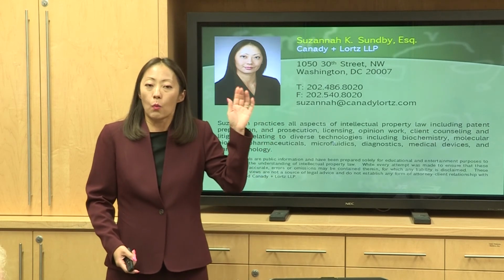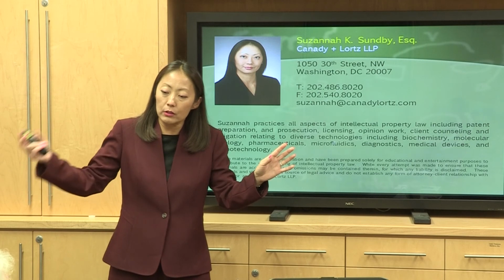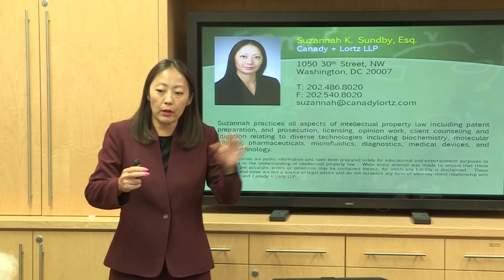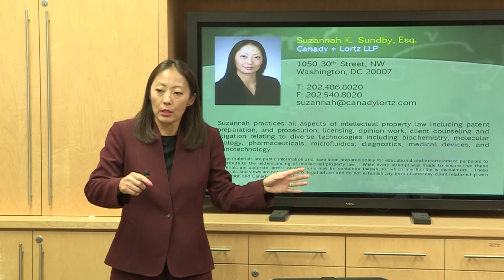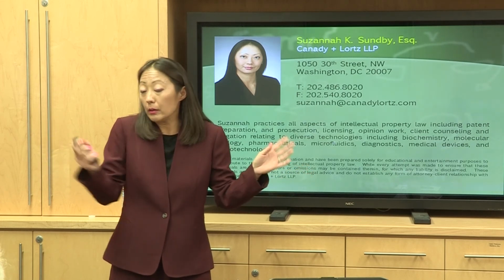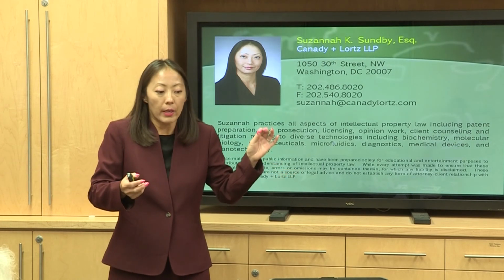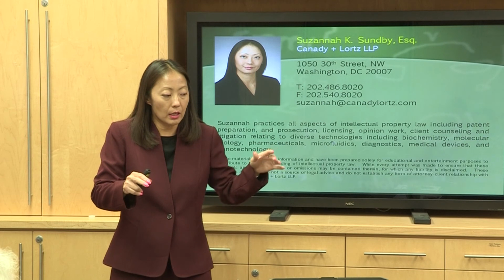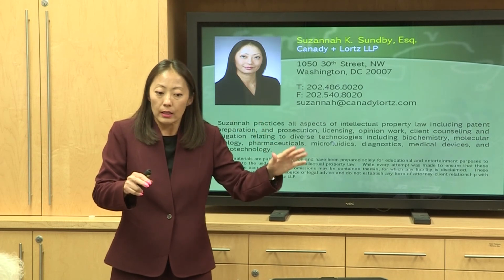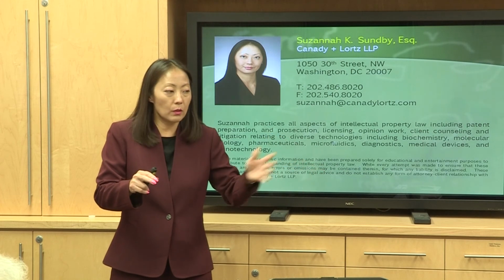Now, if there's a utility application that claims priority to a provisional, and once that is published, or granted, and cited in another application, anybody can then obtain that provisional application, read it, and see what's in it.